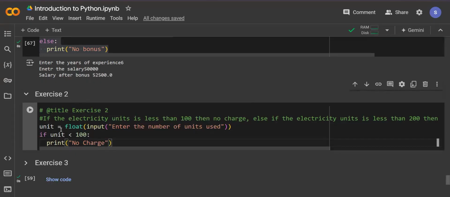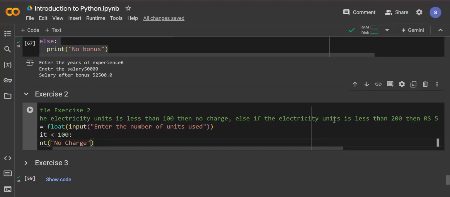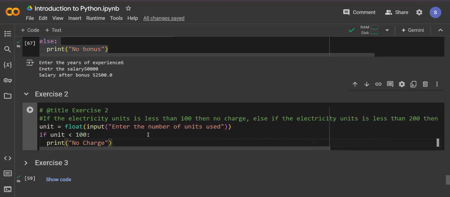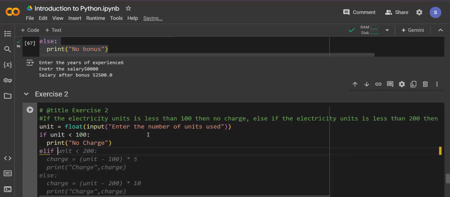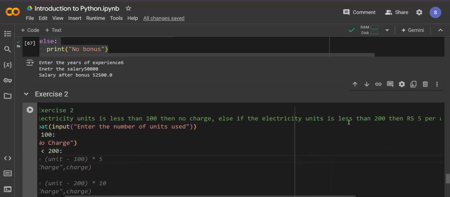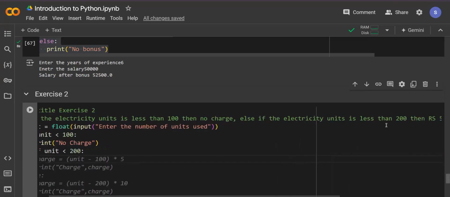Correct? What is the next condition? The next condition is else if the electricity unit is less than 200. So we have one more condition. Let us write that condition as elif. It is not else if, it is elif, right? Elif unit is less than 200, then we are charging rupees 5 per unit.